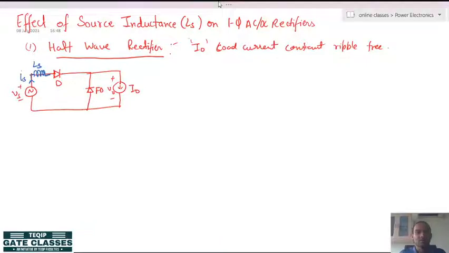So let us draw the waves. First of all, let me draw the input waveforms.